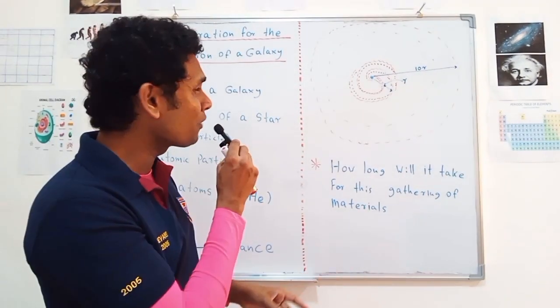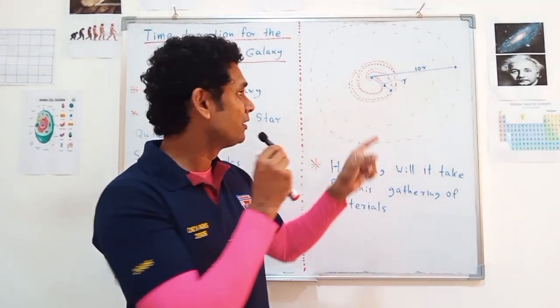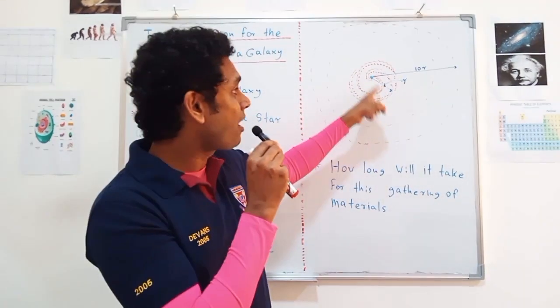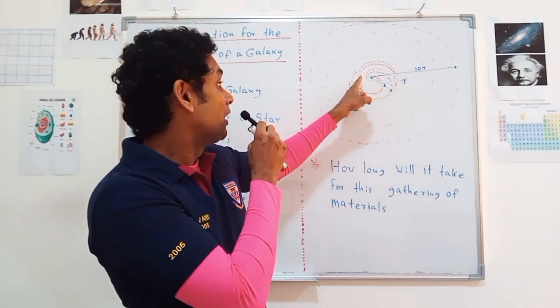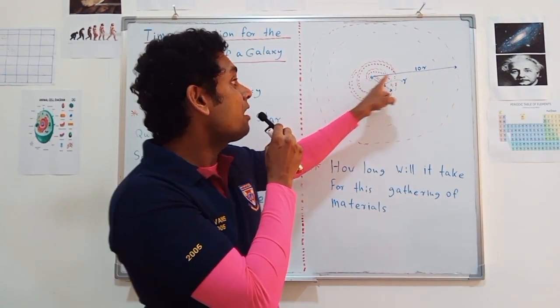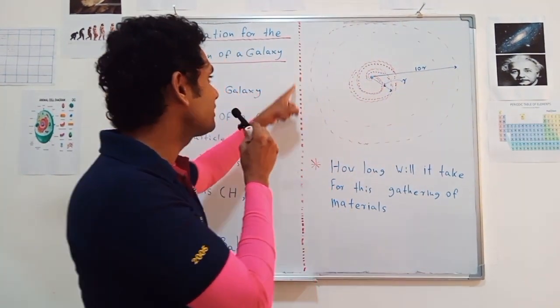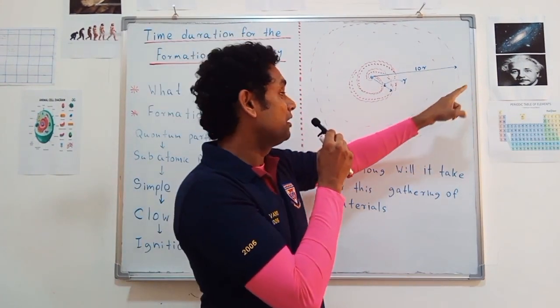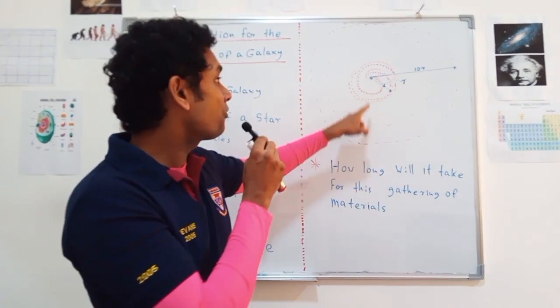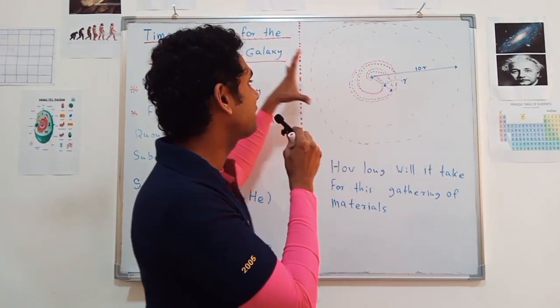Now we have to calculate how long it will take for this gathering of materials or stars to form a galaxy. Normally, to form a galaxy with radius r, the materials in a region of about 10r must be collected together.